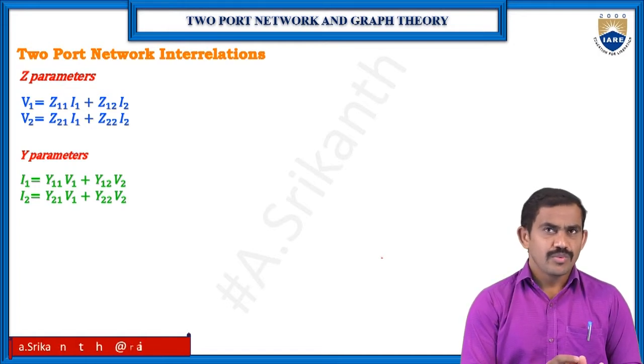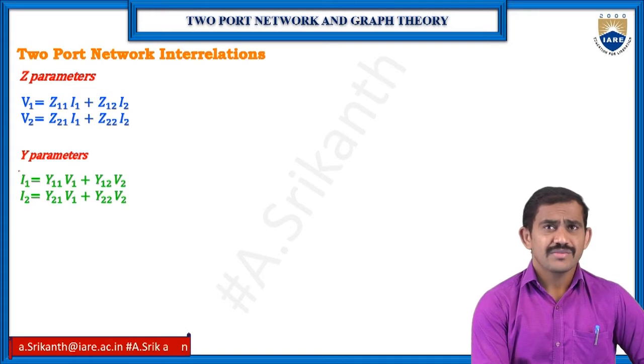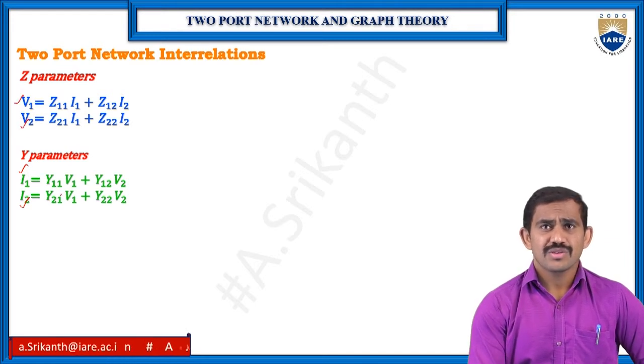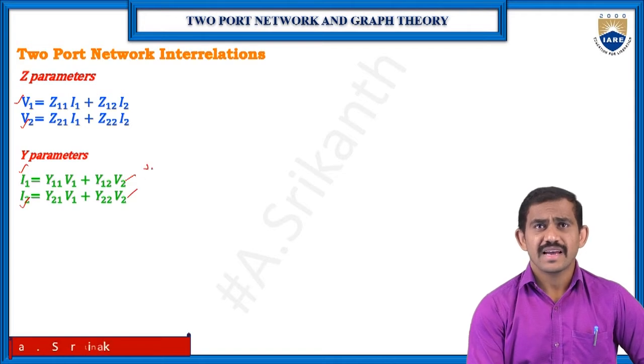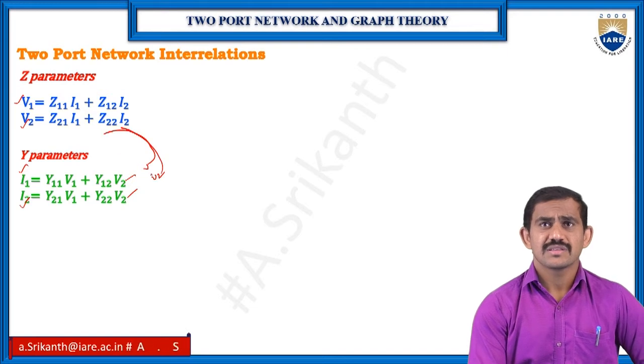If you observe both equations, here we have I1, I2 and here V1 and V2. If you convert this equation into V1 and V2, then you can compare with those equations.